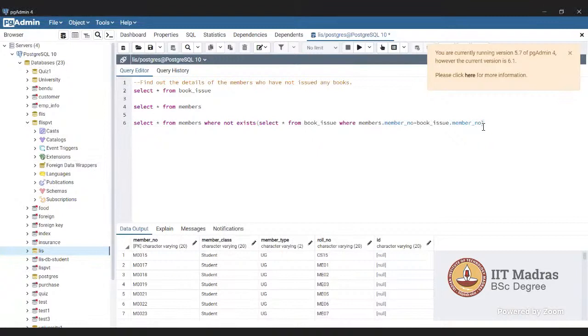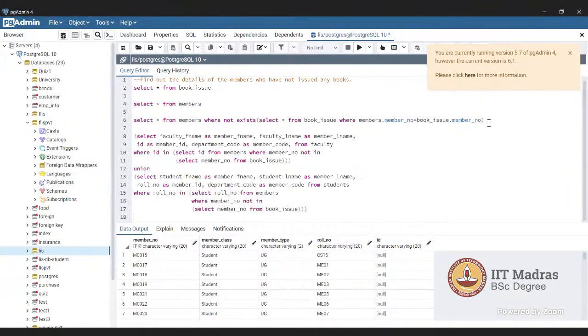Yeah, there are many methods. Select faculty name as member name, faculty. So basically, we join the whole table, right?